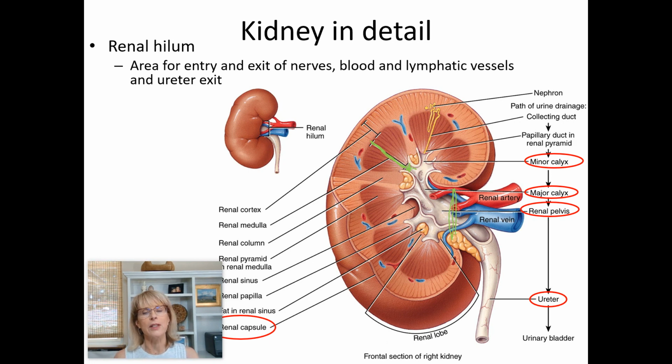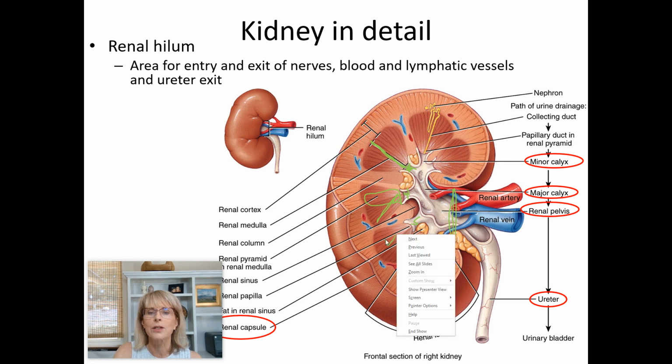That's a minor calyx. How do I know it's a minor calyx, not a major calyx? It's a minor calyx if all of the urine that's there would have come from a single renal pyramid, right? So all the urine that's in here came from this pyramid.